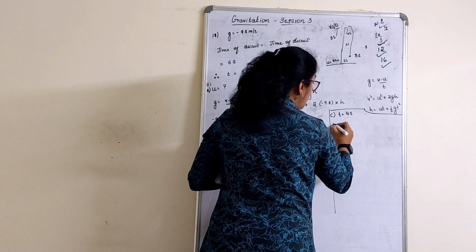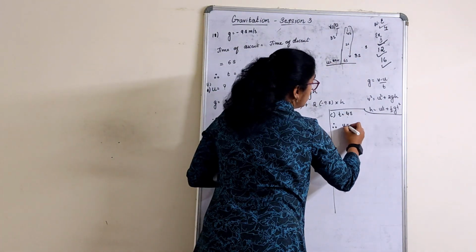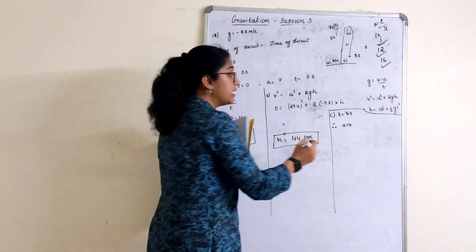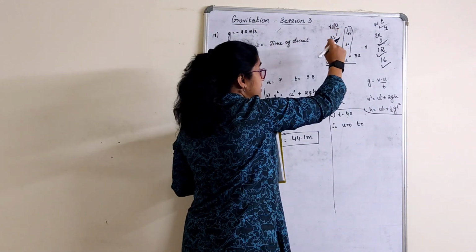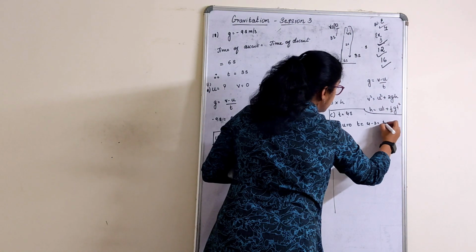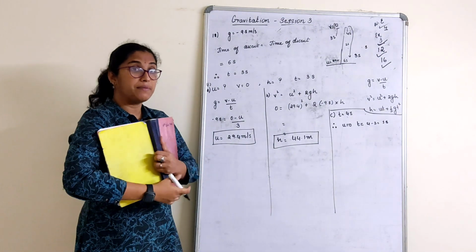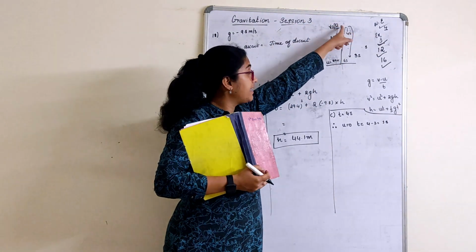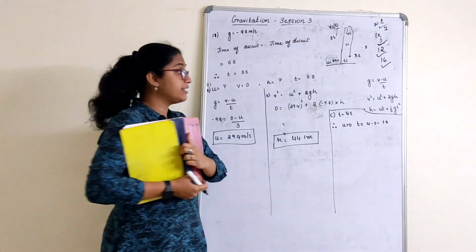Therefore, u is 0; the ball is moving with initial velocity 0. Time: already 3 seconds it has travelled, so 4 minus 3, time is 1 second. I have to calculate that for 1 second. Because at 3 seconds the ball reached the top, and at the 4th second it came here, so the time taken from the 3rd second to the 4th second is 1 second.